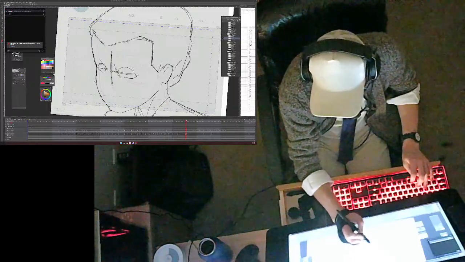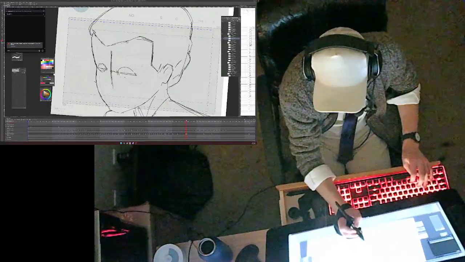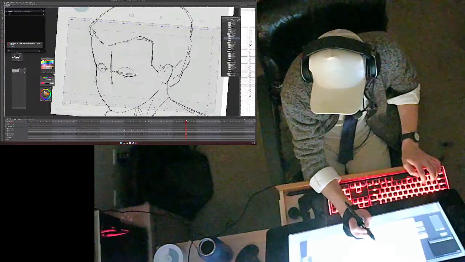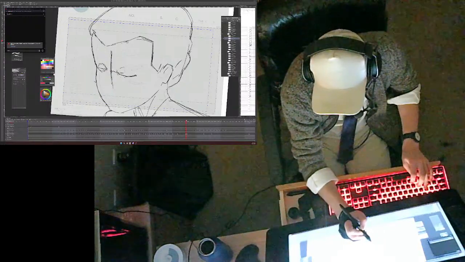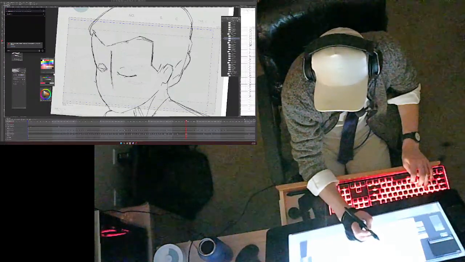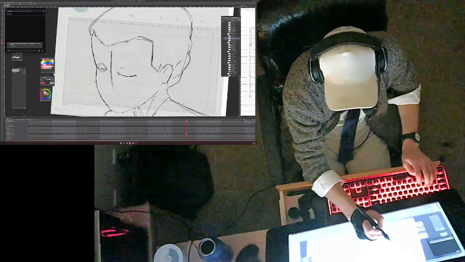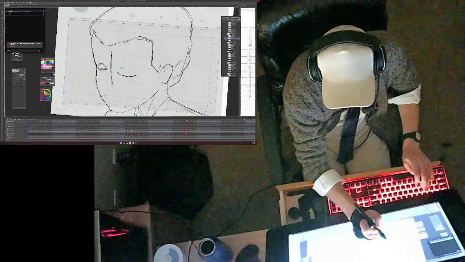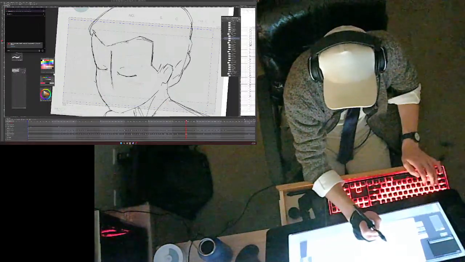I don't know, maybe that's overcomplicating it, but the point of gesture is to understand the energy of the thing that you're drawing, and not just have an unfinished drawing of it.